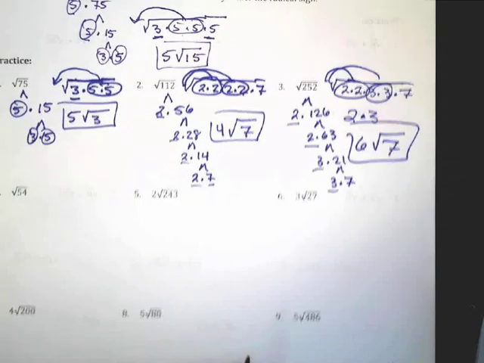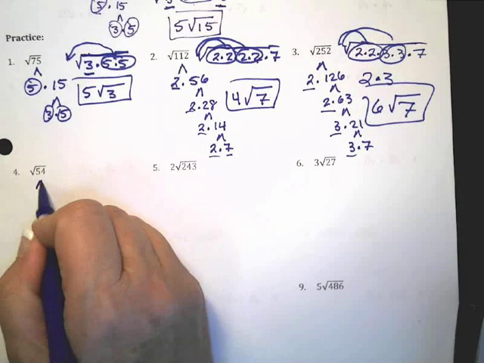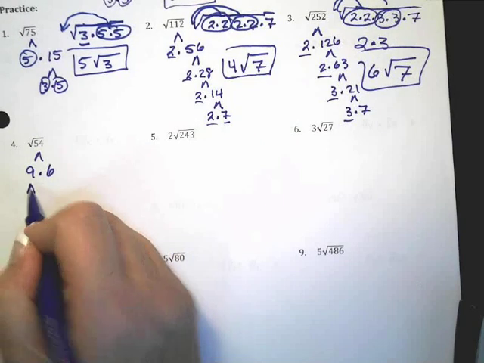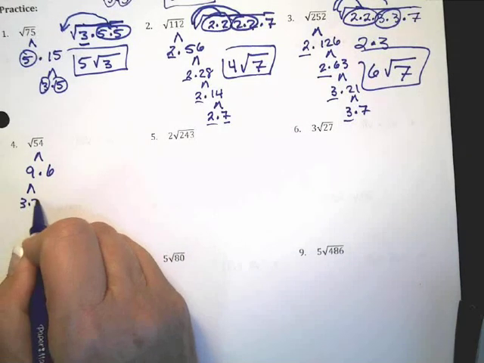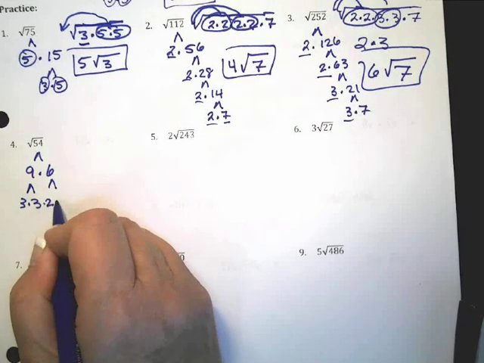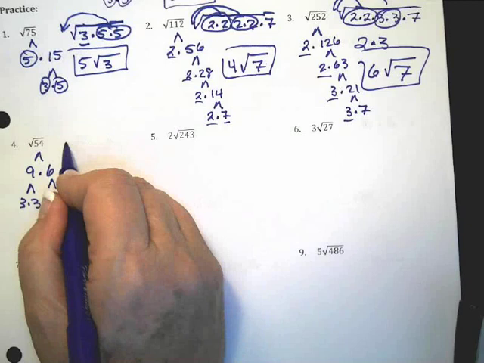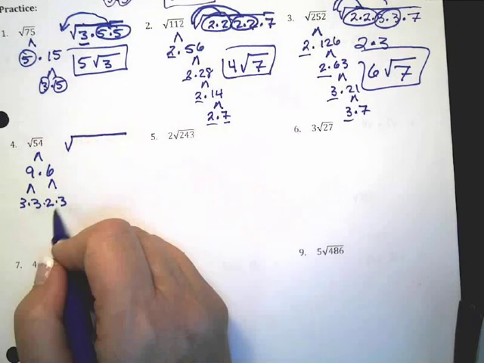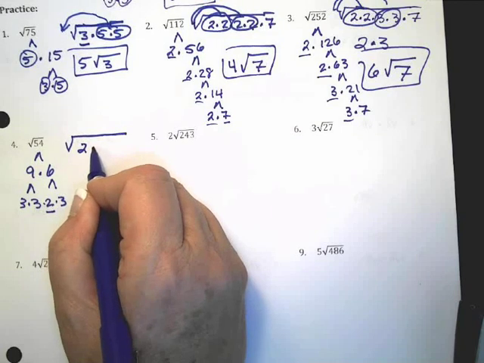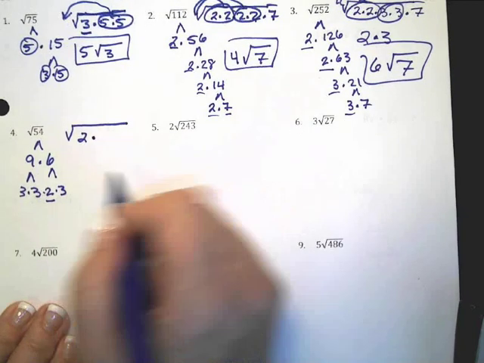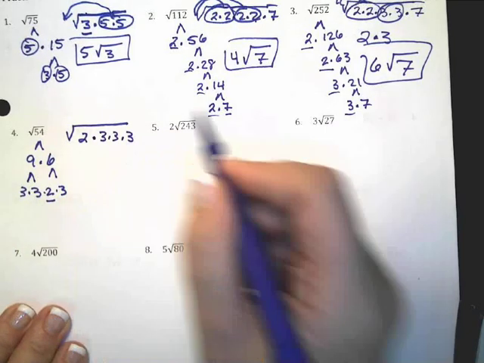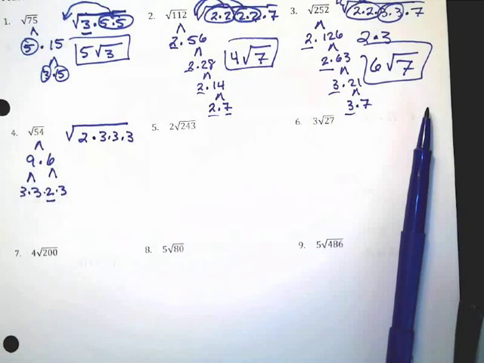Okay, let's go down to square root of 54. Well, I know 9 times 6 is 54. We can break 9 down into prime numbers, 3 times 3, and we can break 6 down into prime numbers that are multiplied, 2 times 3. So now let's list our prime numbers underneath the square root sign. We have 1 2, and we have 3 3's.